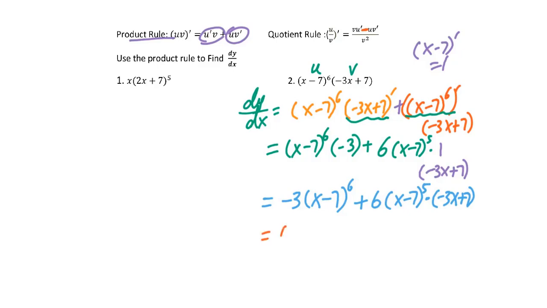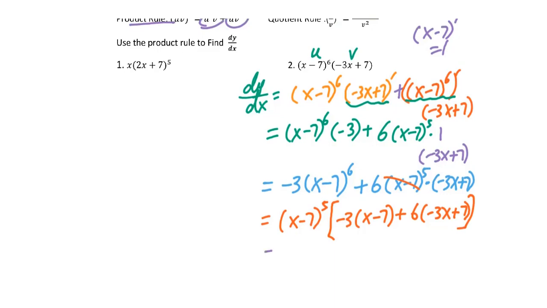Since we have the factor (x - 7) to the 5th power, you get negative 3(x - 7) left. For this one, it is gone, so you get plus 6(negative 3x + 7). So we keep doing here (x - 7) to the 5th power. This will be negative 3x + 21.